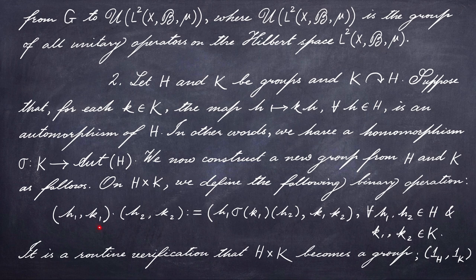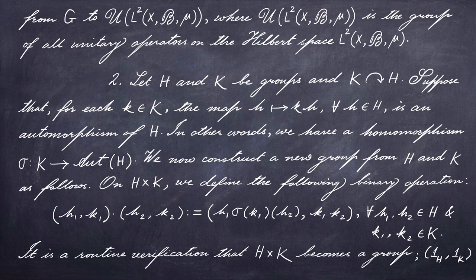For two pairs (h1, k1) and (h2, k2), we define the binary operation as follows. First consider sigma k1, which is an automorphism of H. Then we apply sigma k1 on h2, which gives us an element inside H. We take the product of h1 and that. This is going to be our first component. The second component is the obvious one, that is, we multiply k1 and k2.